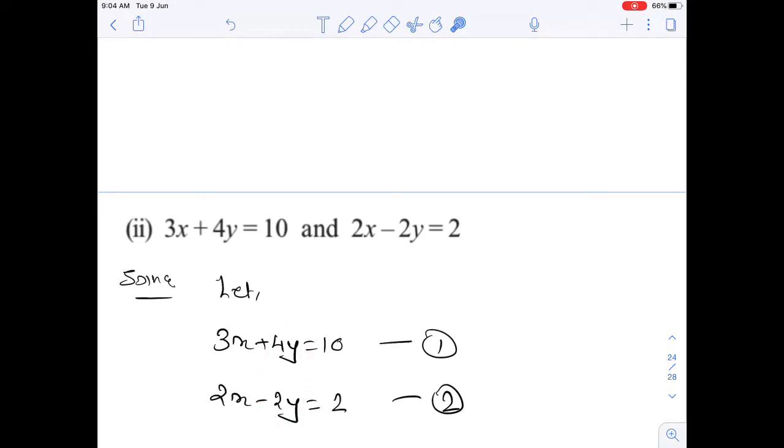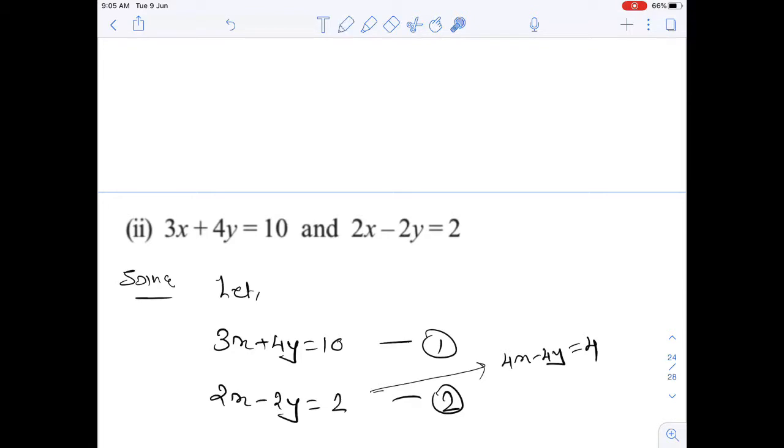Now we will make their coefficients the same. Here it is 4, here it is 2. So we will multiply this equation by which number? Yes, by 2. When you multiply equation 2 by 2, you will get 4x minus 4y equals 4.